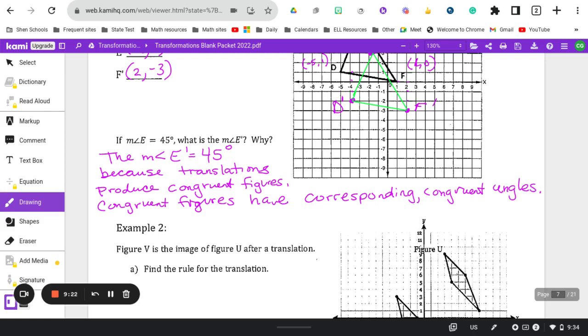And we've heard that phrase before, corresponding congruent angles, when we talked about similar triangles in the last unit.